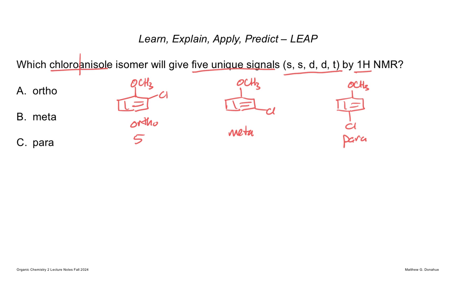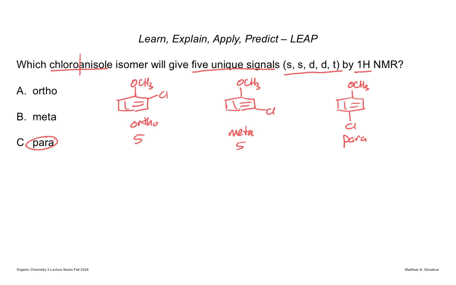So 5, we can't eliminate that. For meta, we have 1, 2, 3, 4, 5. We can't eliminate that. So the answer is going to have to be para. But let's just count those anyway.